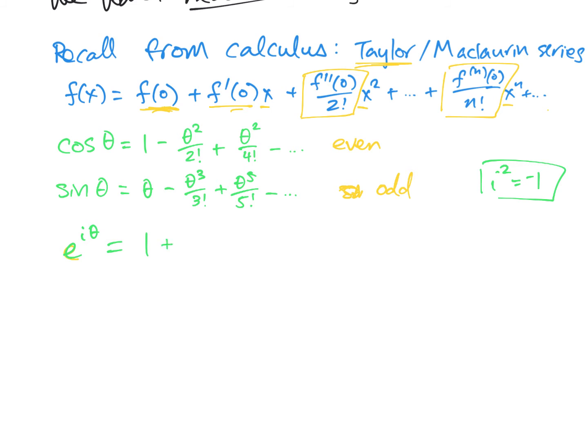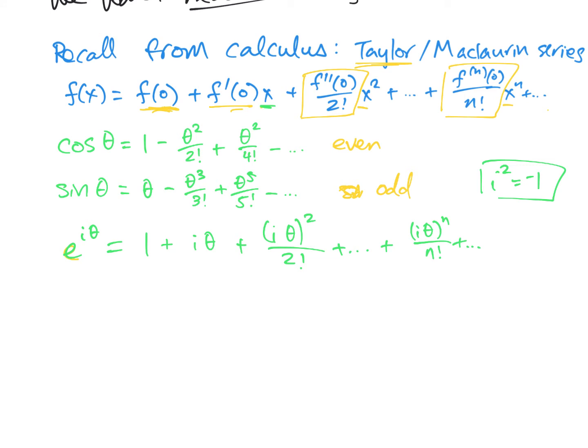For our next term, by using the chain rule, we end up getting an i in front of each derivative. So we get an i, and then e to the i 0 is just 1, and then we get theta as our variable. Then for our next one, we get another i and a theta squared. So we get 2 i's and a theta squared, so we square both of them, and we get a 2 factorial, and so on.